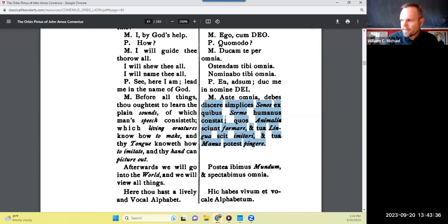He says, ante omnia. So ante means before. Now, who can think of an English word that's drawn from ante? Ante. Antidote. No, that's actually drawn from a different word. Let me just type them real quick. That's good, George, but it's a different word. We have ante and anti, two different words, okay?